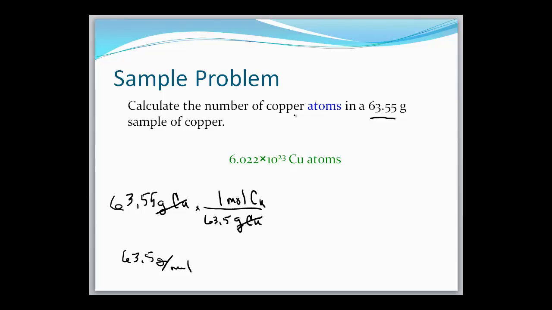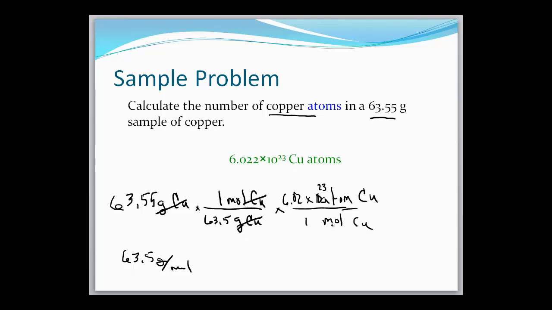Well, we don't want moles, we want the number of copper atoms. So we're going to do one more conversion. We have moles up here, we want to get rid of it. Now, do you remember how we go from moles to atoms? What the conversion was? 1 mole, 6.02 times 10 to the 23rd atoms of copper.